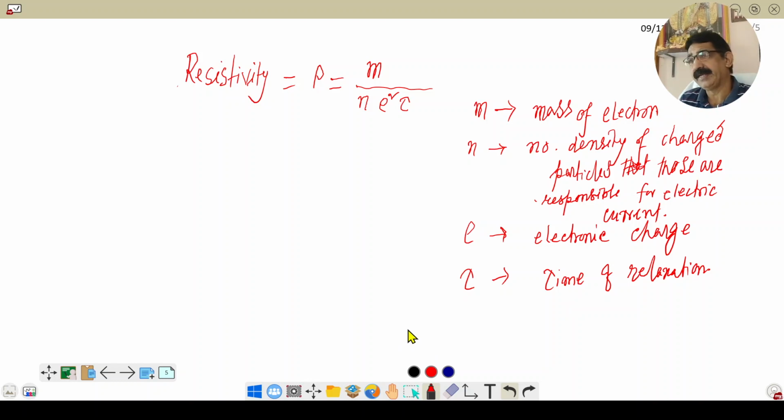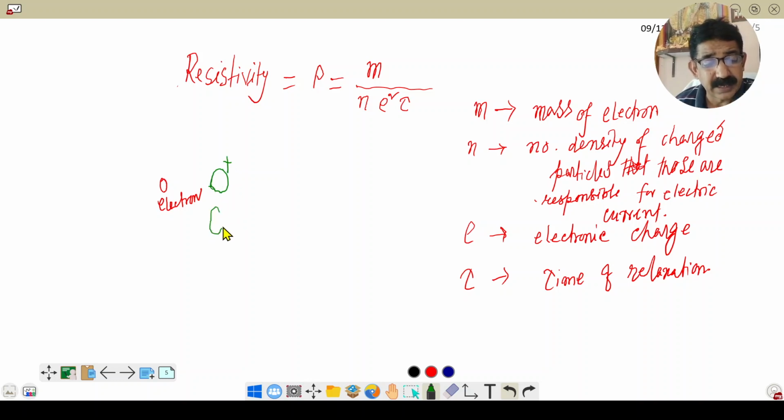Once again, I want to remind you about the relaxation time. We have already discussed this. Suppose this is the electron. This electron moves inside the interior part of the conductor under the action of the electric field. And when this electron moves, it encounters positively charged ions.